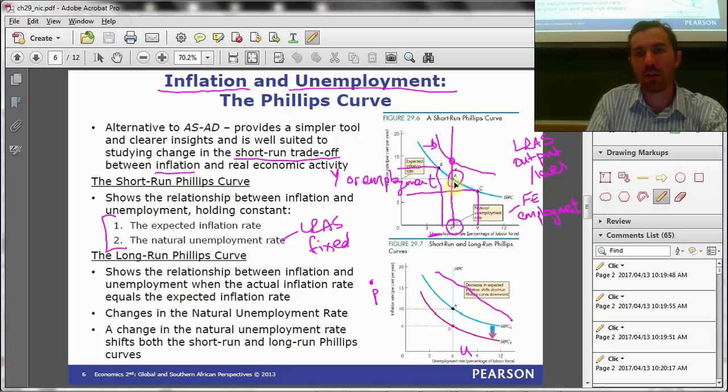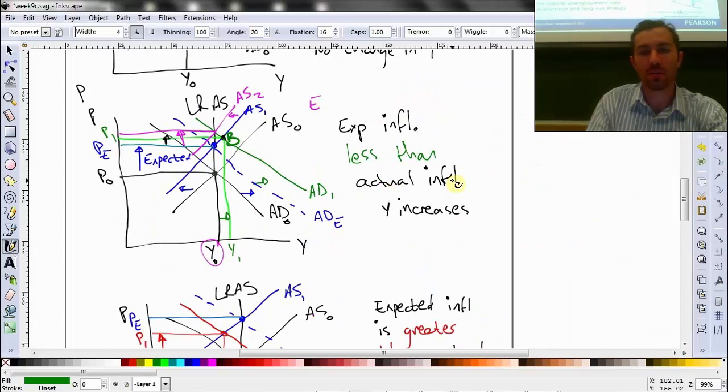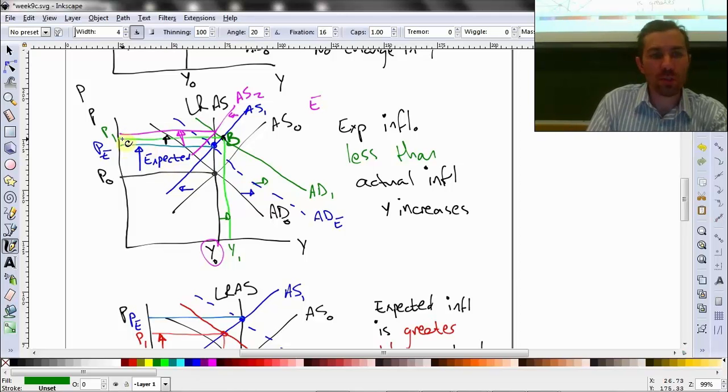We had some level of unemployment at point A that corresponded to the natural rate of unemployment given our expected inflation rate. However, inflation was higher than what we expected. We ended up with prices increasing to P1 instead of PE. When inflation was higher than expected, output increased, unemployment decreased.